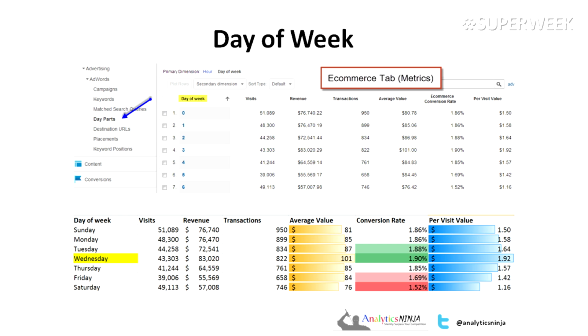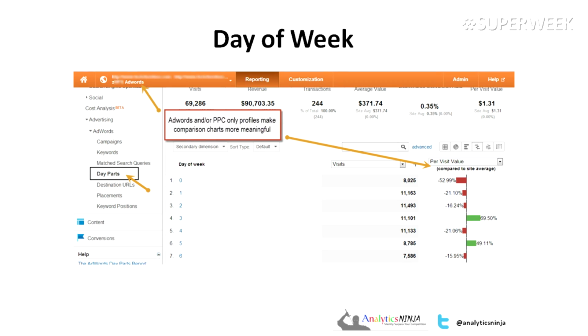Now, let's see what this is. Let's say I'm looking at day of week. Right? Another great way to look at this, that's just my day of week, and I'm comparing my per visit value. Right? Now notice here, I pointed out that this is going to be an AdWords only profile. Use this, right?